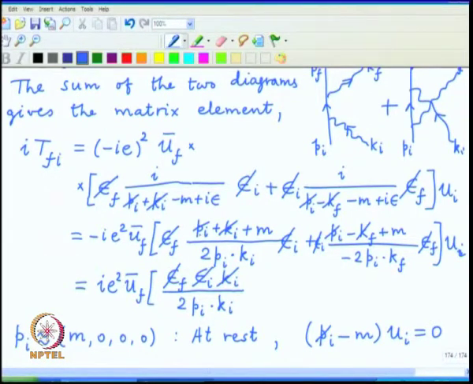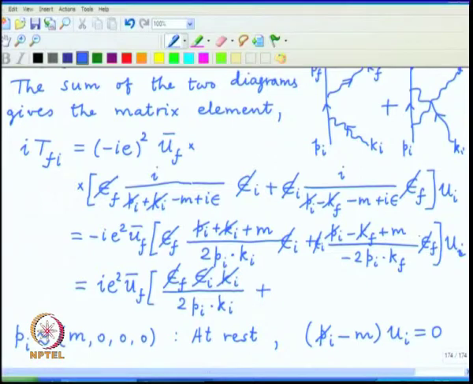So, the commuted part of p I slash just cancels with m because of this wave equation satisfied by the initial electron wave function, and the only part which survives is then the k part, and which produces this particular object.